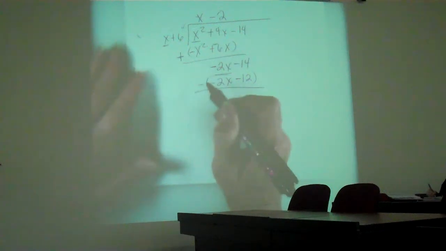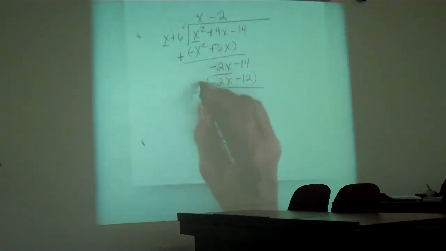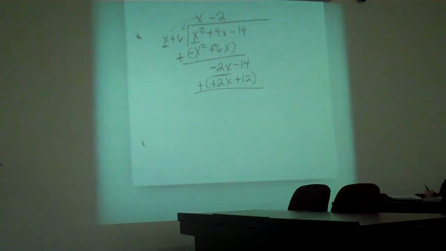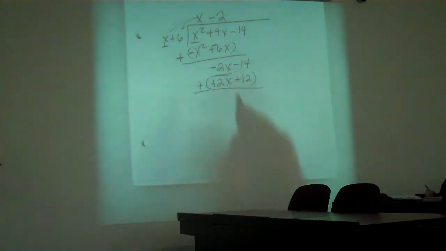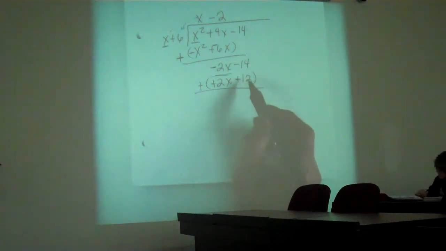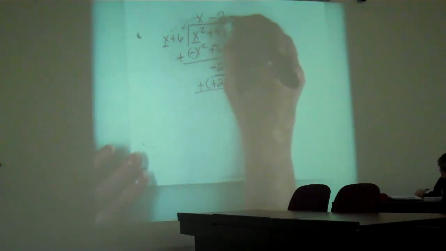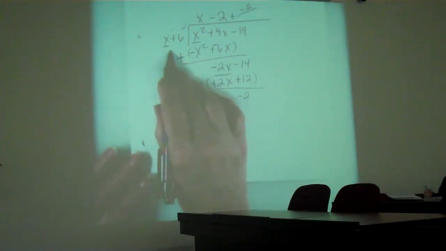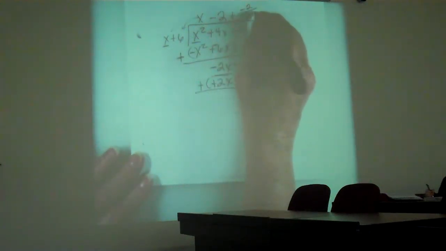Don't forget to do the subtract. Change it to adding, opposite, opposite. Okay? X is canceled, negative 14 plus 12, negative 2. So this would be adding negative 2 over x plus 6.